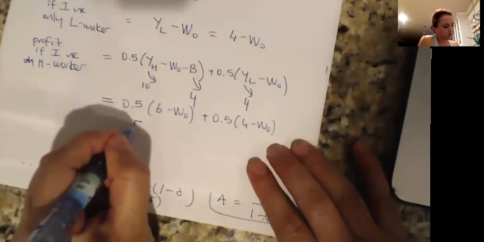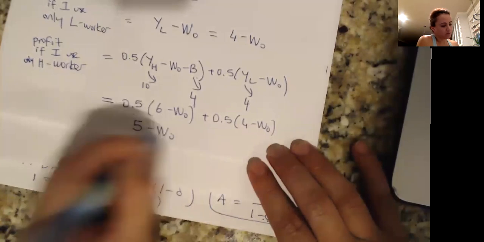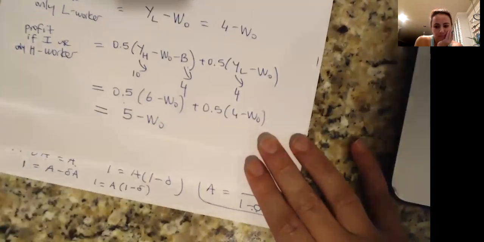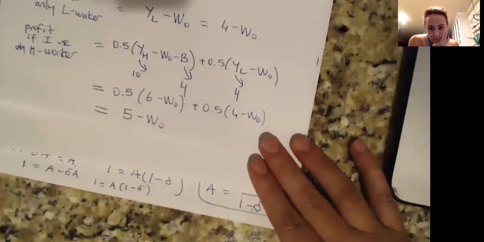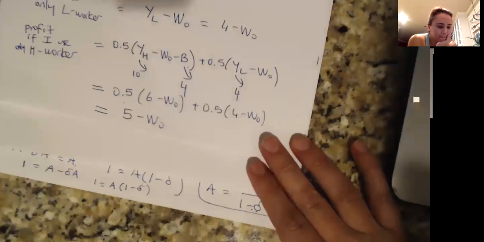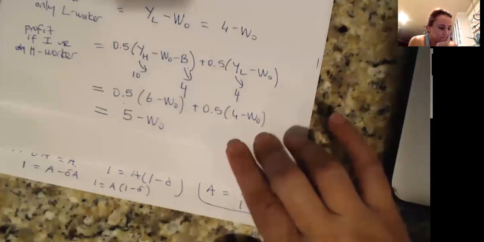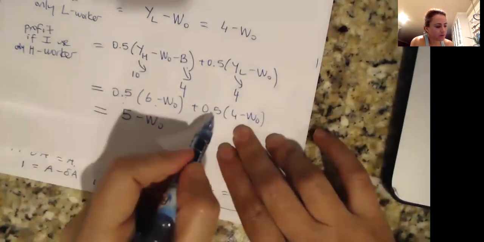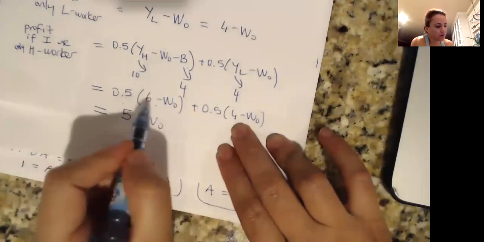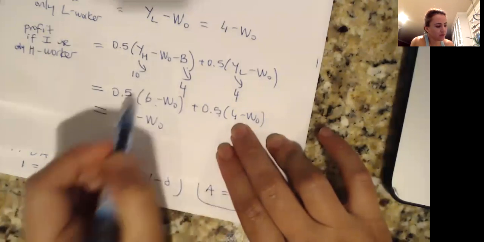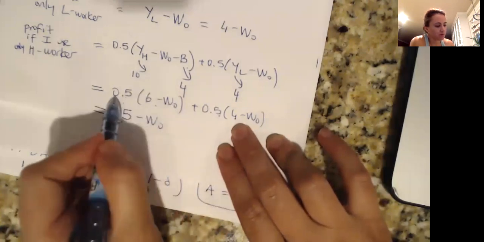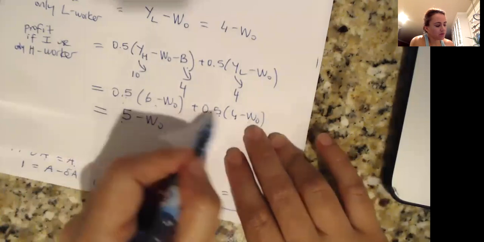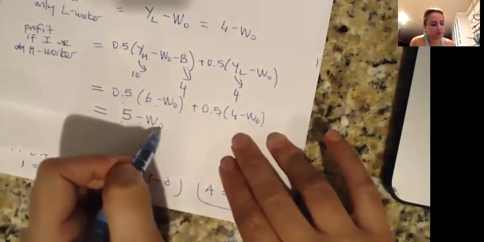This is 5 minus W0. Right? 0.5 times 6 is 3, 0.5 times 4 is 2, 3 plus 2 is 5, minus 0.5 W0, minus 0.5 W0, minus W0.